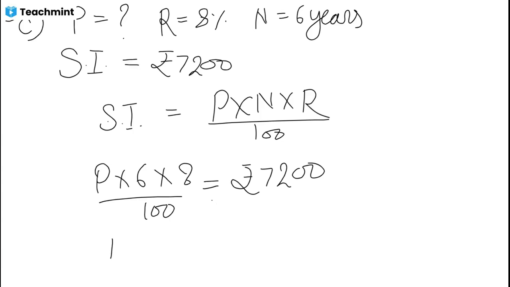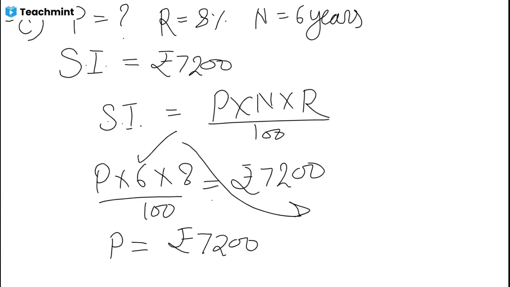Yes. So P is equal to, by changing the side we change the sign: if any amount is multiplied, then we will divide. If something is added, then on changing the side we will subtract. If something is subtracted, then we will add by changing the side.